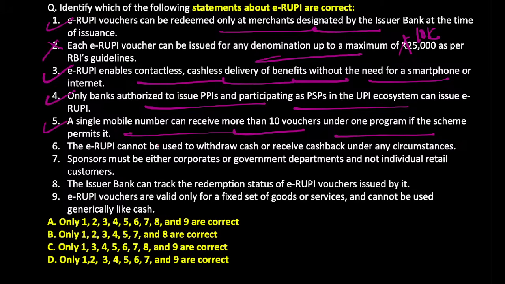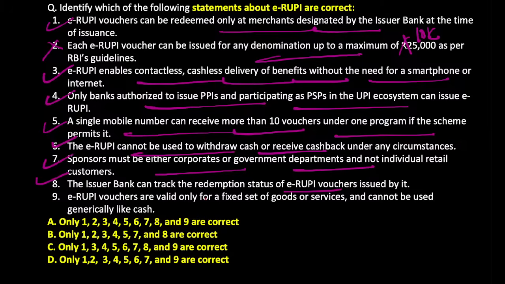Yes. E-rupee cannot be used to withdraw cash or receive cashback under any circumstances. This also should be true. Next one: the sponsor must be either corporate or government departments and not an individual retail customer. The issuer bank can now track the redemption status of e-rupee vouchers issued by it.